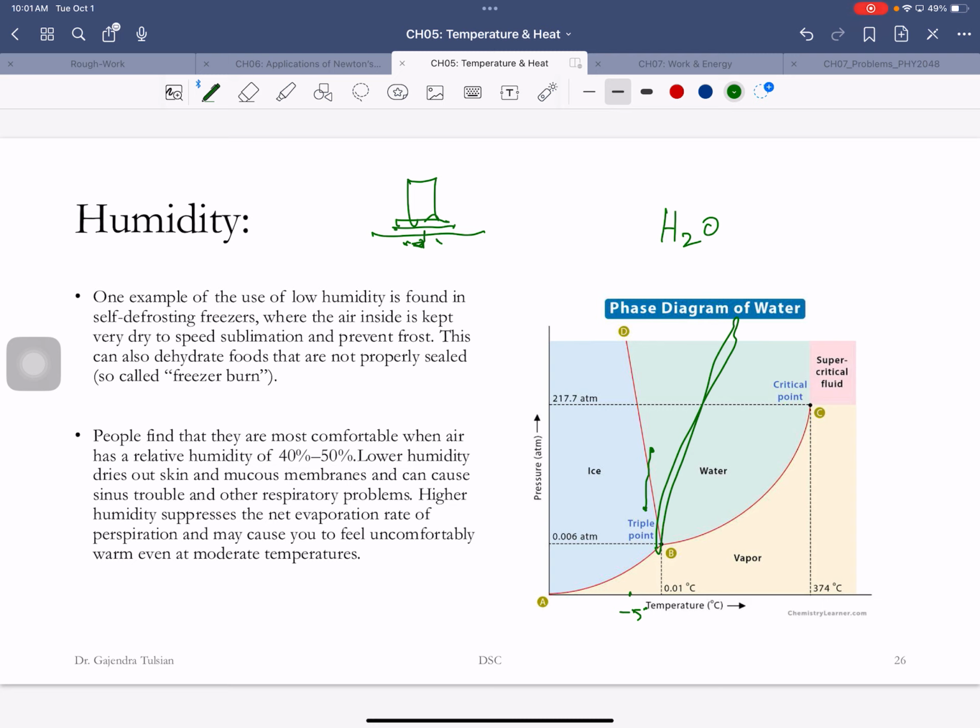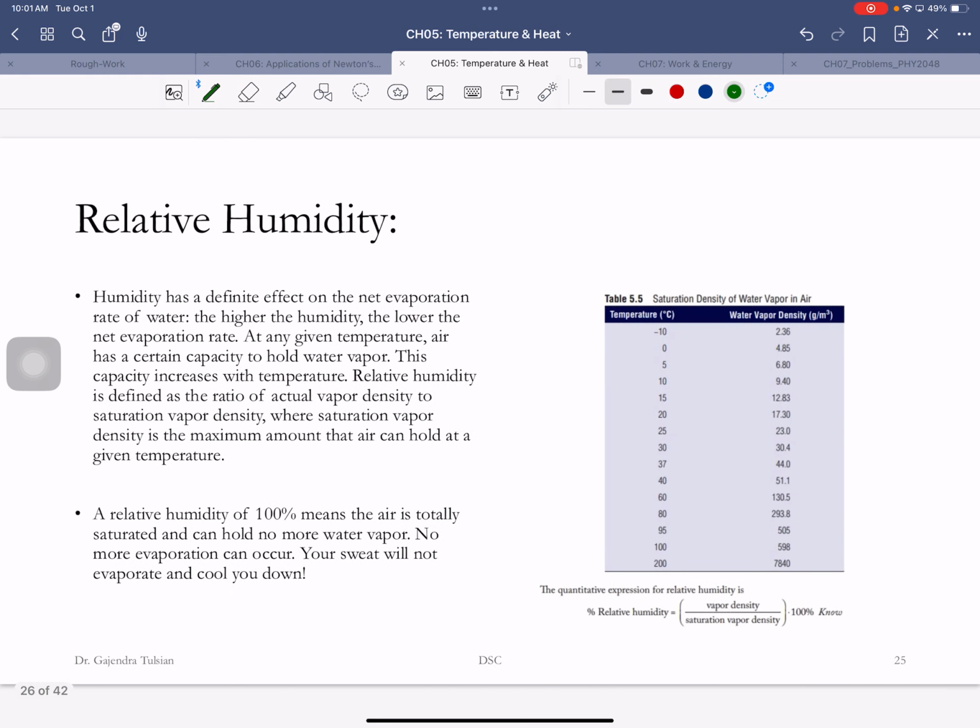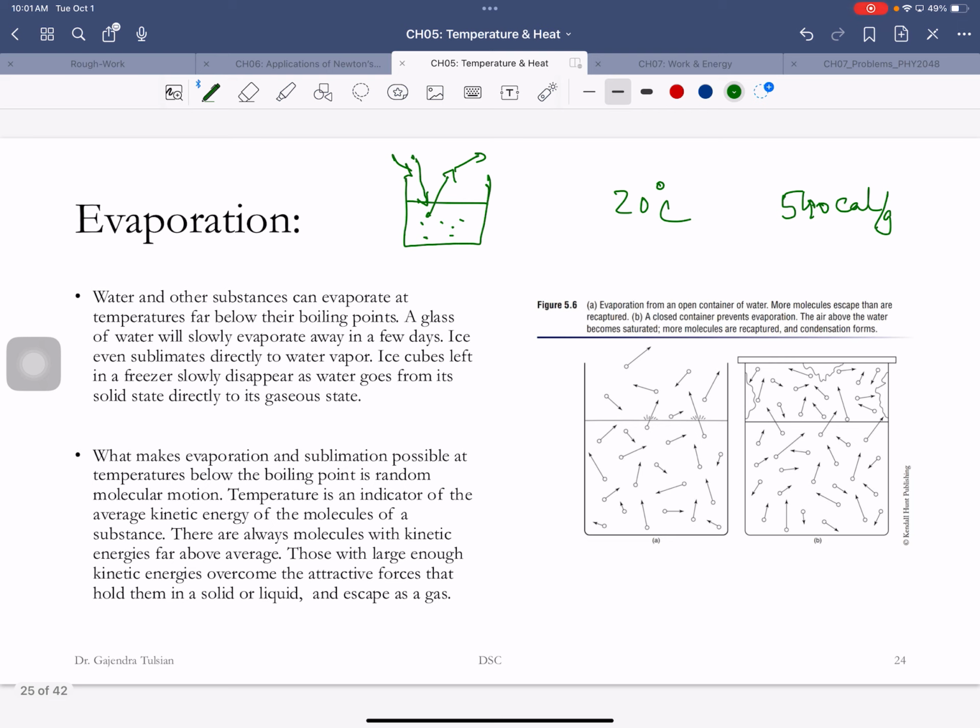So this negative slope was important. Anyway, let's get back to it. What makes evaporation and sublimation possible at temperatures below boiling point is random molecular motion.